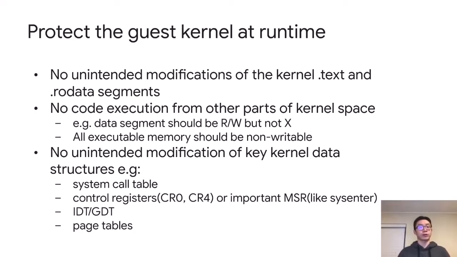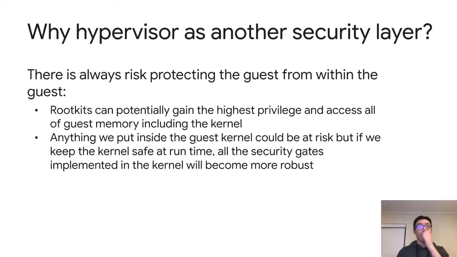Both of them have function pointers, and we want to make sure they never get overwritten. Last but not least, we have the page table, which has the mapping from virtual to physical. If people hack the mappings, they can redirect the code execution to some other place. So why do we want to use the hypervisor as another security layer?